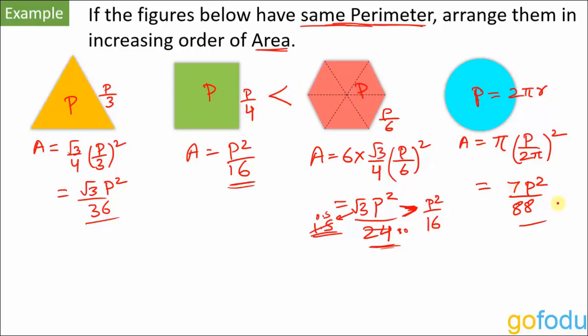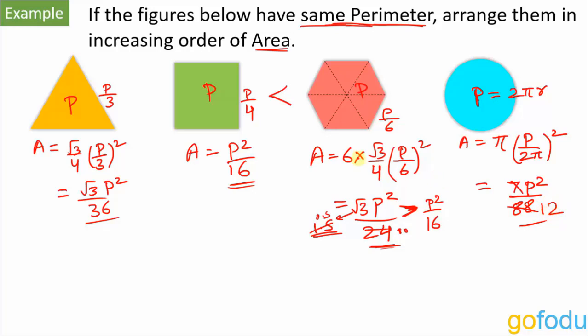Next, let's simplify this. 7 upon 88, if I cancel it, it will be a little more than 12. So this overall figure will be a little less than P square upon 12.